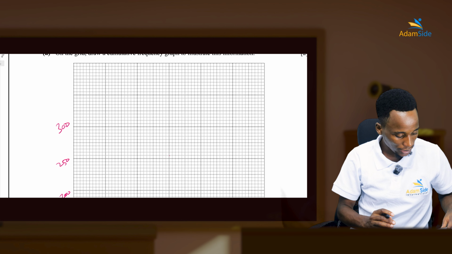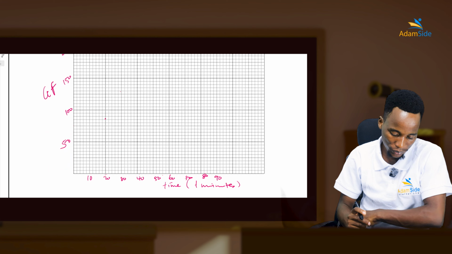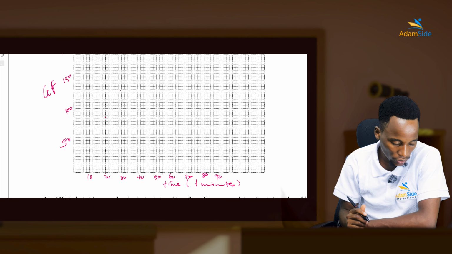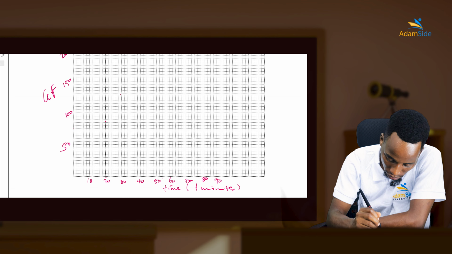So the first class, the upper bound is 10, and the cumulative frequency is 34.